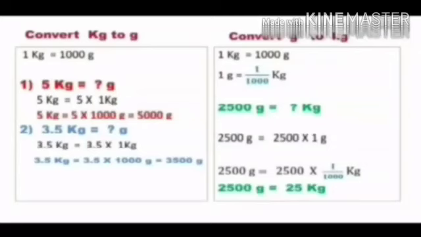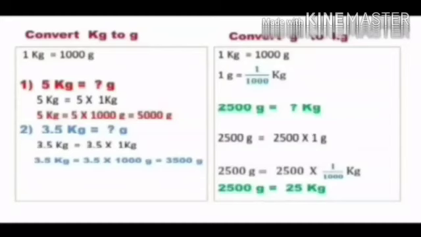In the place of 1 gram, we can write 1 kilogram over 1000. So we have 2500 gram is equal to 2500 times 1 kilogram over 1000. We have 2500 gram is equal to 2.5 kilogram. In this way, we can convert gram to kilogram.